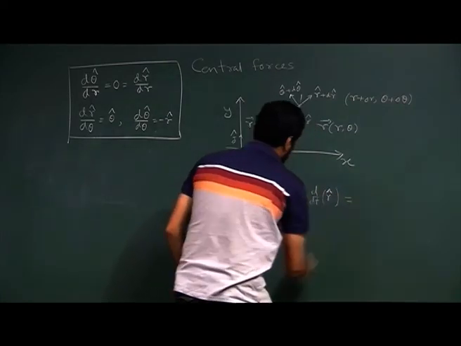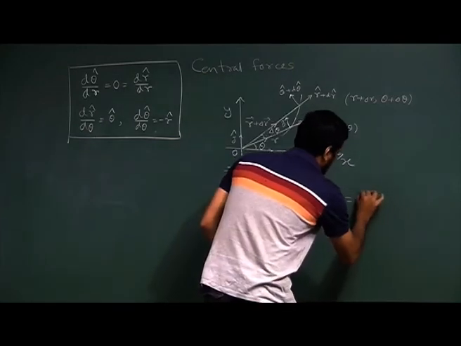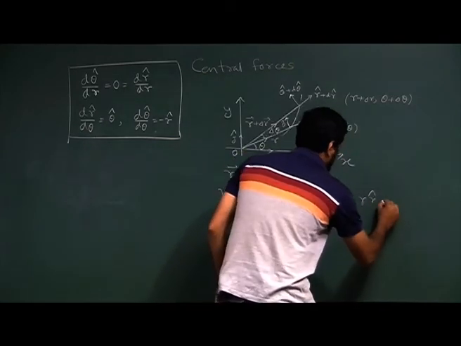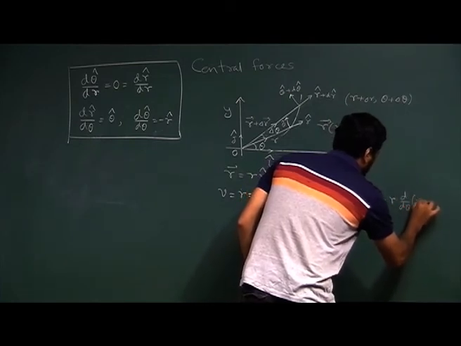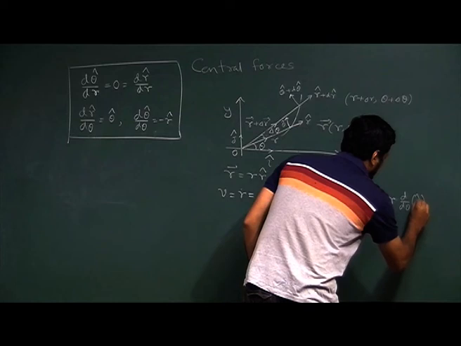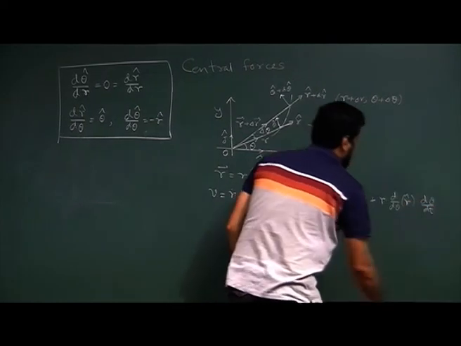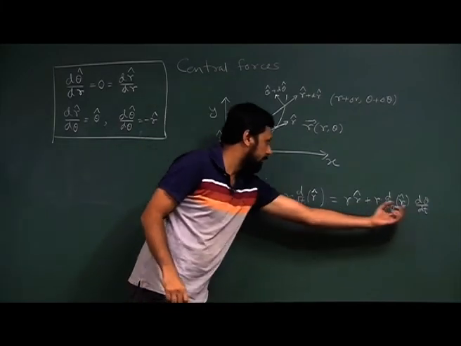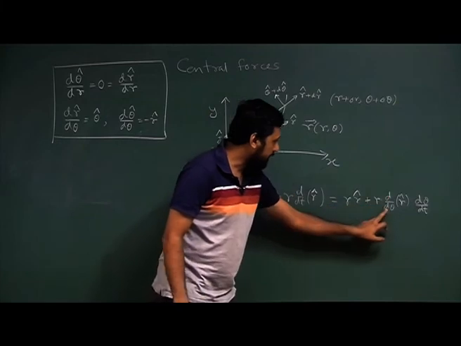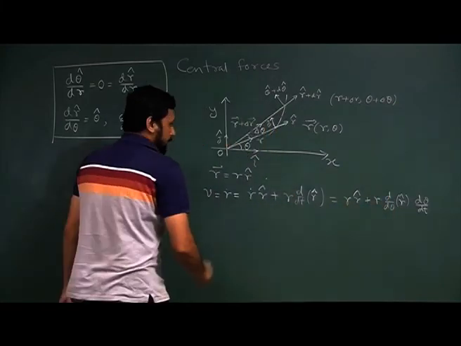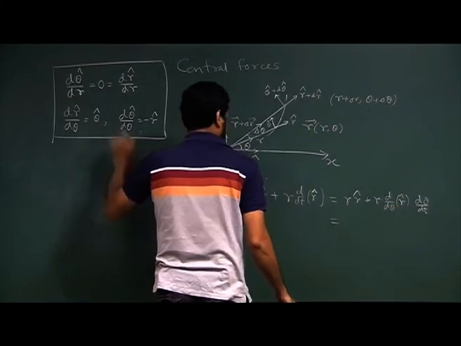So, what we will do is we will just do a substitution here, r dot r cap plus r d r cap d theta times d theta dt. So, we just substituted the derivative d dt as d theta dt times d d theta. If we now use this relation, this is nothing but theta cap.